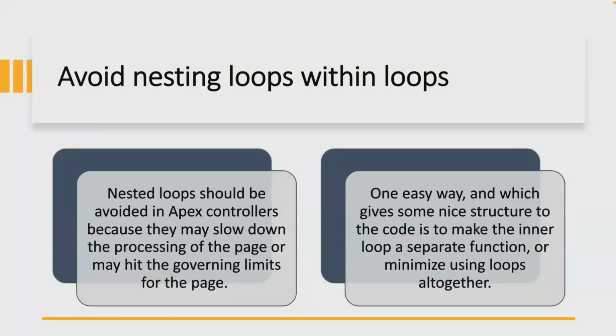We should also avoid nested loops within loops. Whenever we use a nested for loop, let's suppose the first for loop executes 5 times, and for each iteration, the nested for loop runs 5 more times. So the total loop execution will be 25 times.